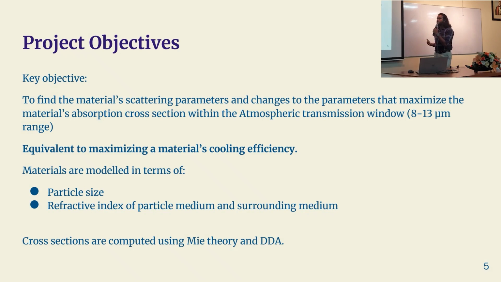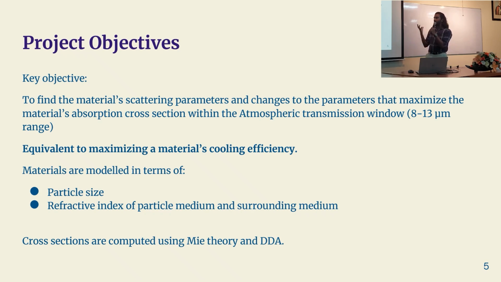So to summarize the objectives of this study, it's to take any material and find properties of that material which maximize this absorption cross-section, or to find what changes to the material you can make to change the maximum P. So ultimately it's equivalent to maximizing the cooling efficiency.